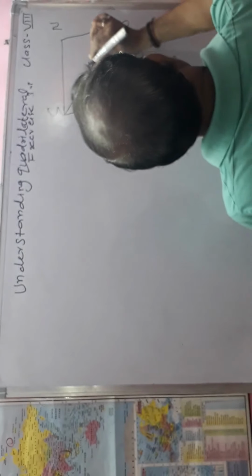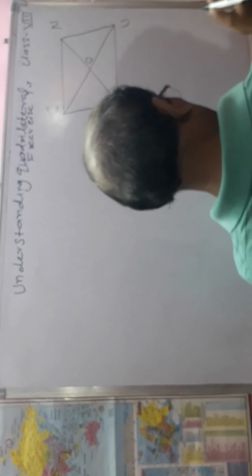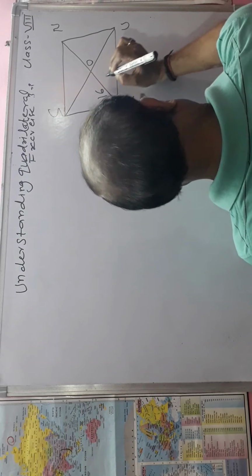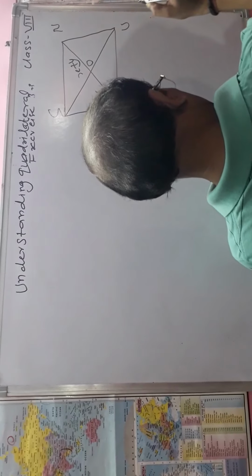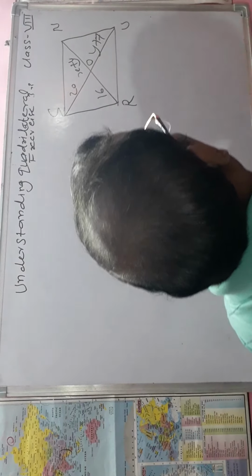These are the diagonals and they intersect each other at, suppose, O, and this is 16. This is x plus y, and this is 20, and this is y plus 7. We know that diagonals of a parallelogram bisect each other.